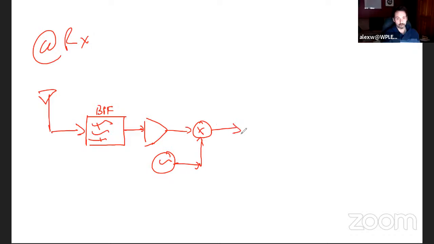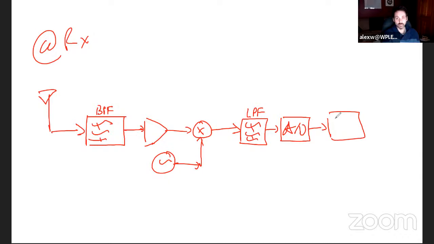Then we might want a low pass filter, LPF, to filter out another component. Then digitize it, analog to digital convert it. Do the demod.